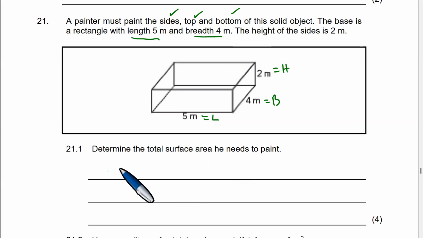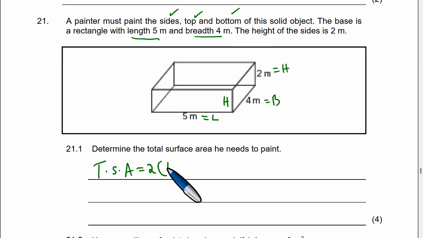Total surface area. From these, you're able to see that the total surface area will be seen as follows. This is the height of the formation. So you shall have this face here, which is length by height, but it has a duplicate face on the other side.